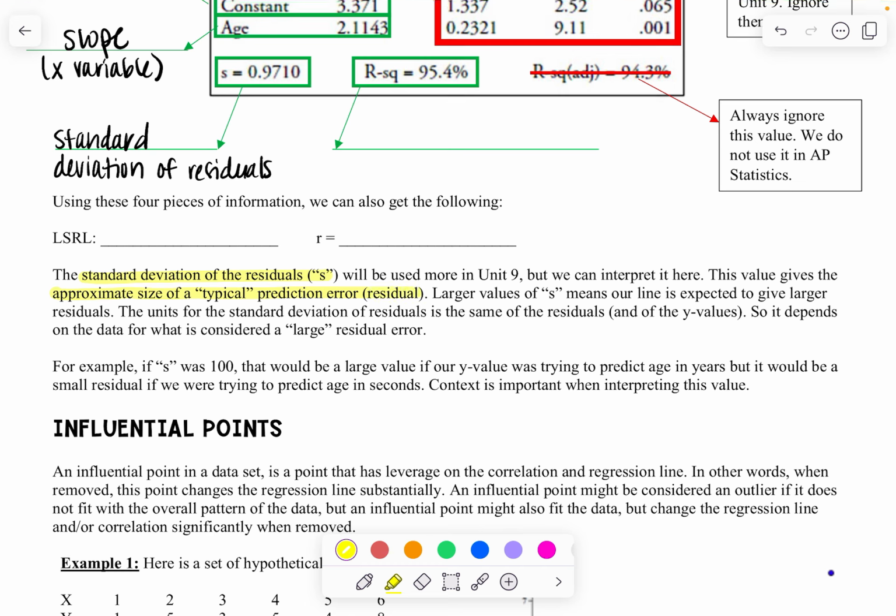What that means essentially is this number tells me what my average error is. So in this case, I'm off by about 0.97. We spend a lot of time with this in Unit 9, but for now, knowing what it is so that you don't use it incorrectly is the big part we want to take away from Unit 2 and all of our 2 variable data.